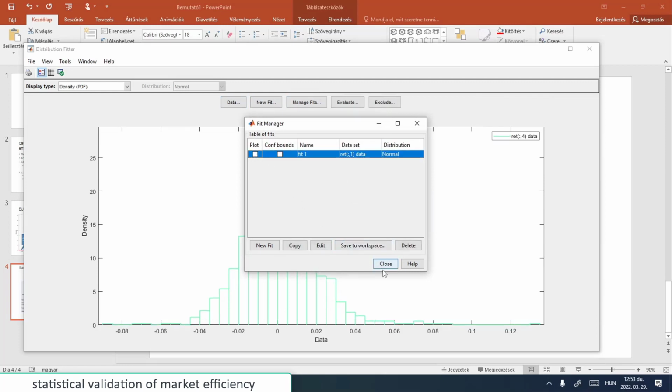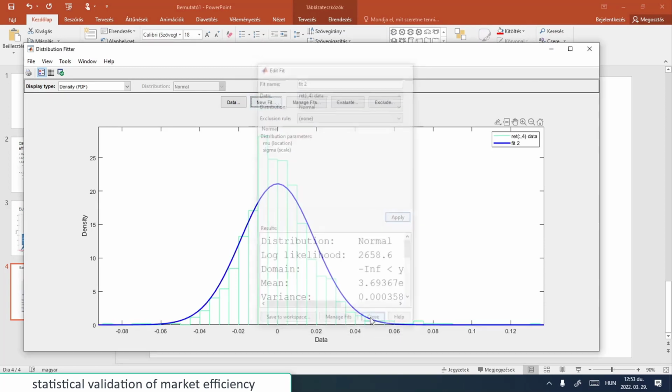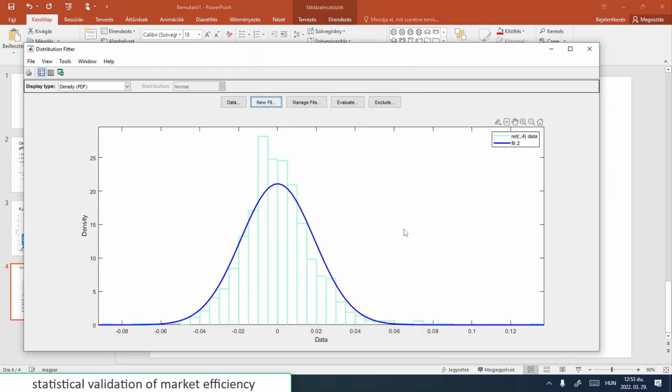Which fits, remove it, new fit. So even we can find it here and there, and also some anomalous changes were happening here.